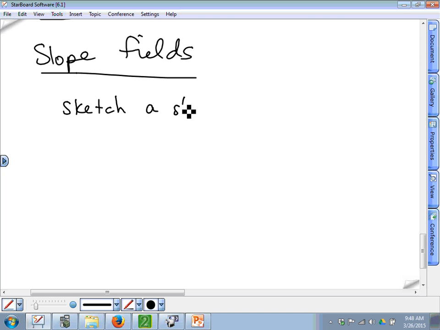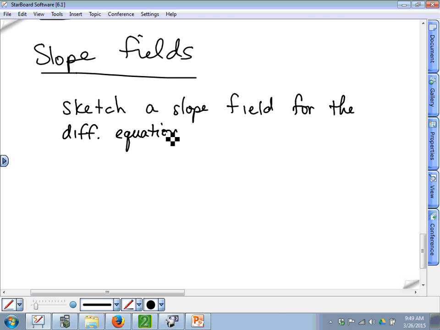So sketch a slope field for the differential equation y prime equals x minus y.